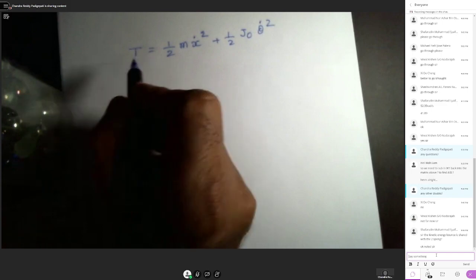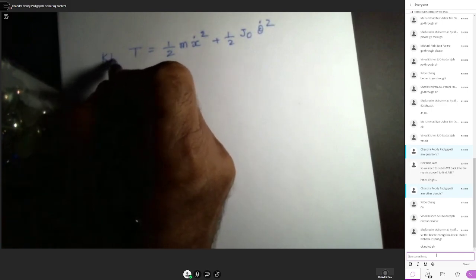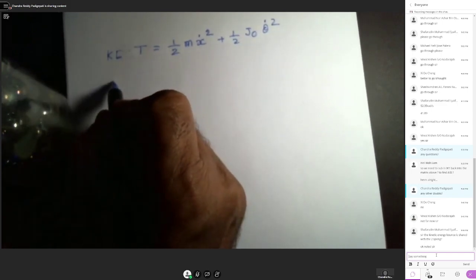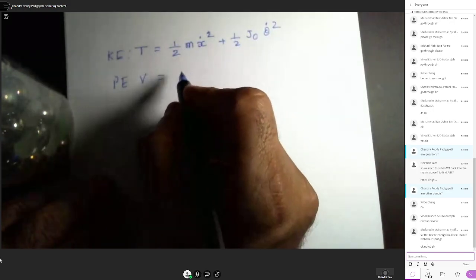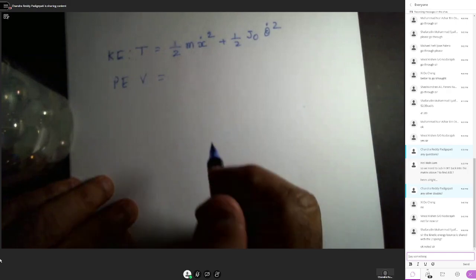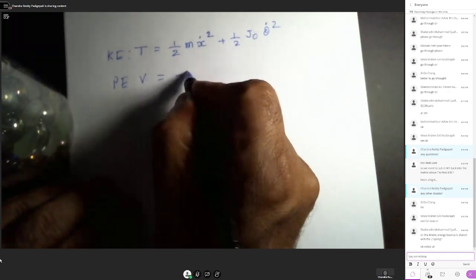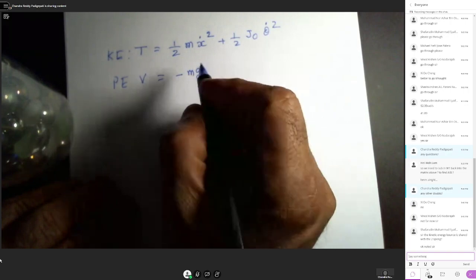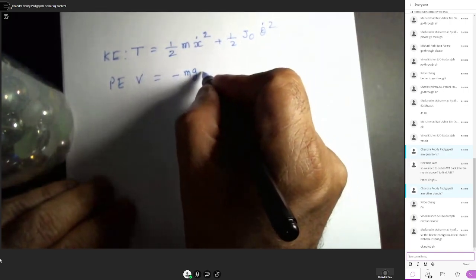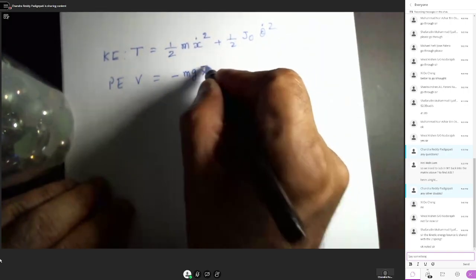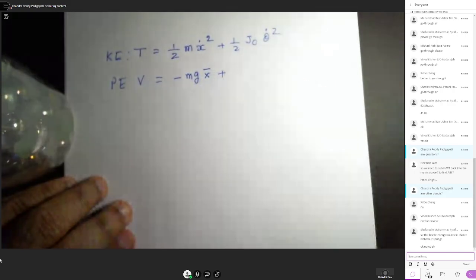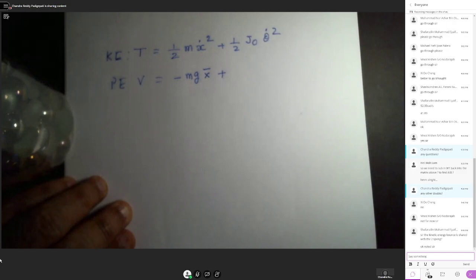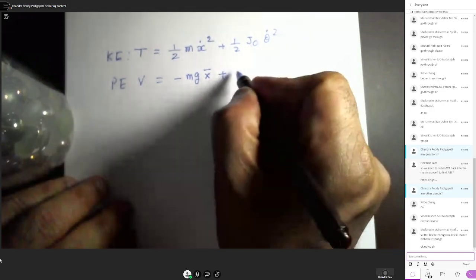This is the kinetic energy. So potential energy V can be written as, for the weight of the system, mgh, where this x we write as x bar, plus the potential energy for two different springs, the front spring and the rear spring.